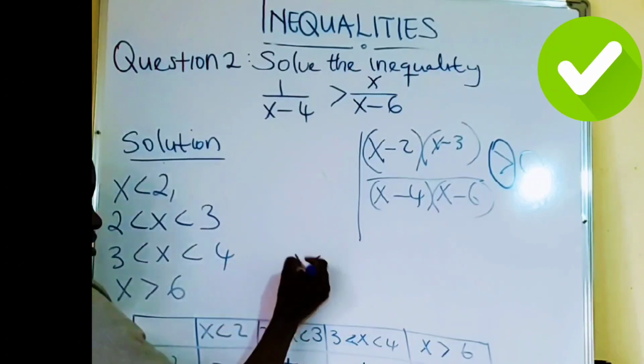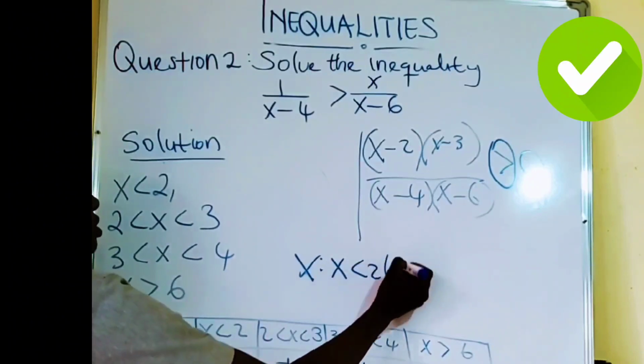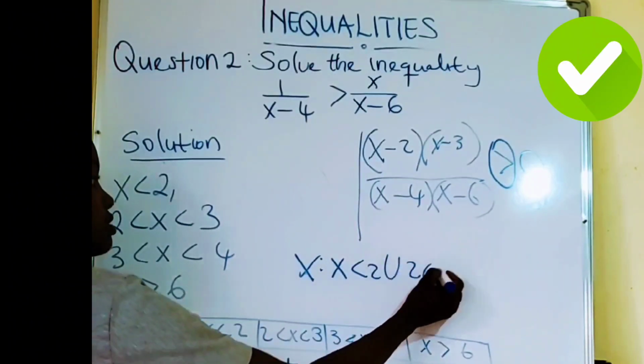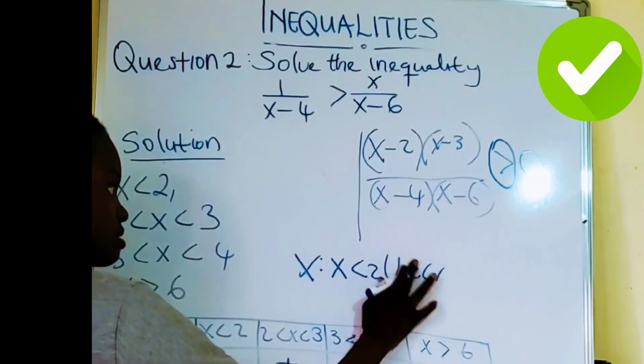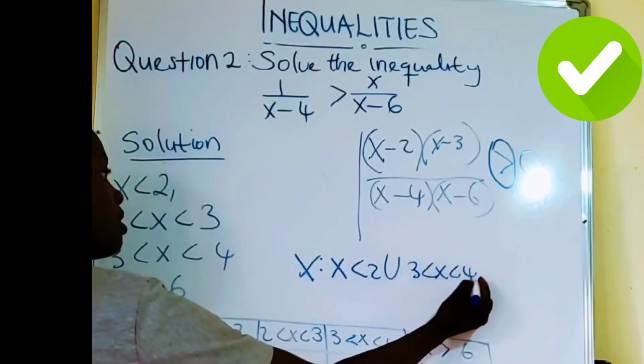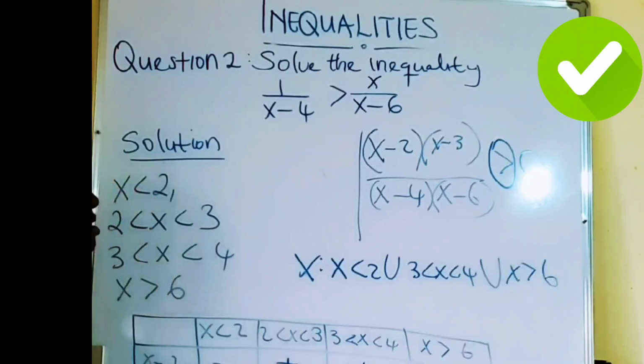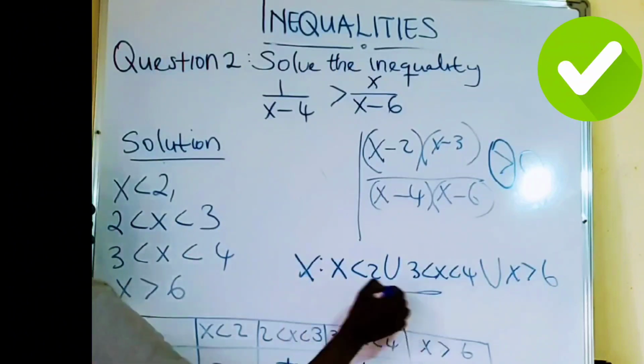So the answer is x, such that x is less than 2, union 3 less than x less than 4, union x greater than 6. These are the answers.